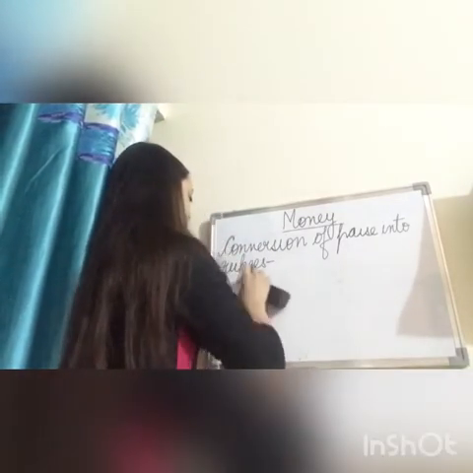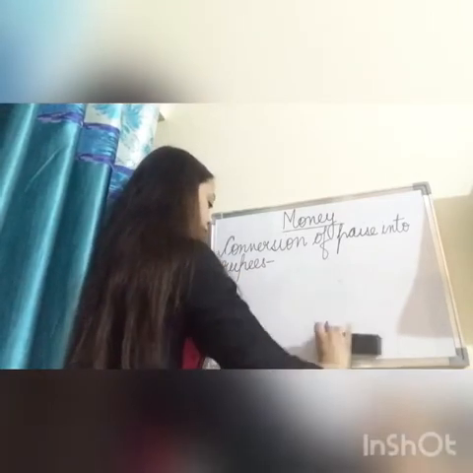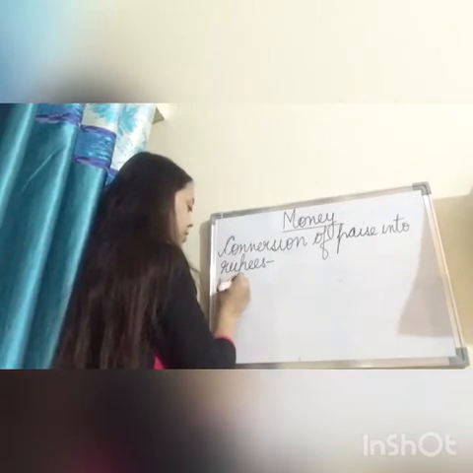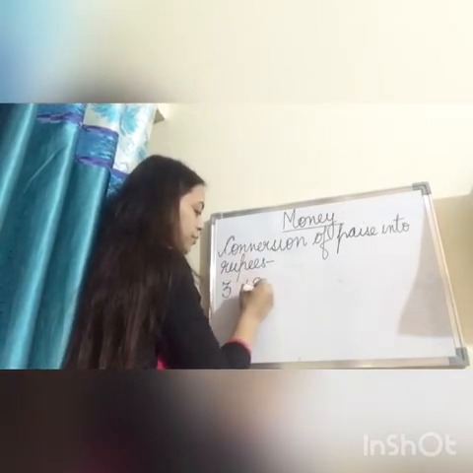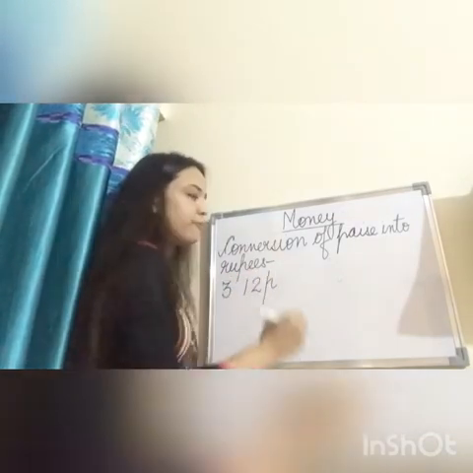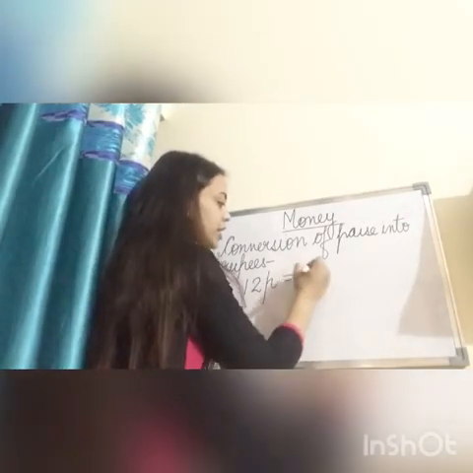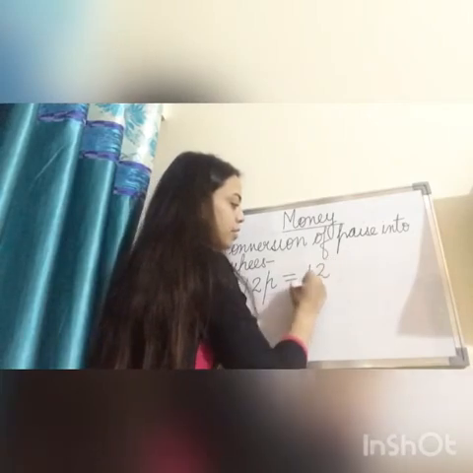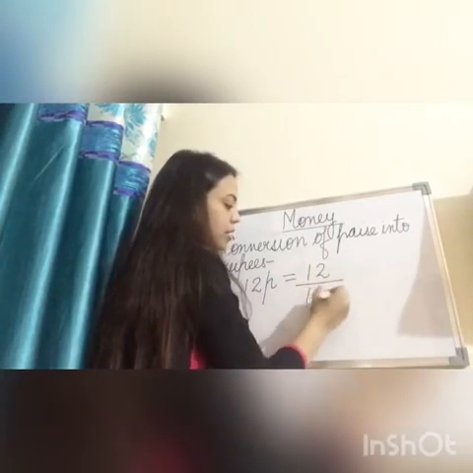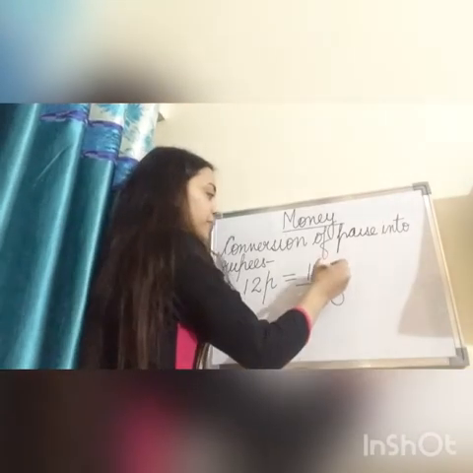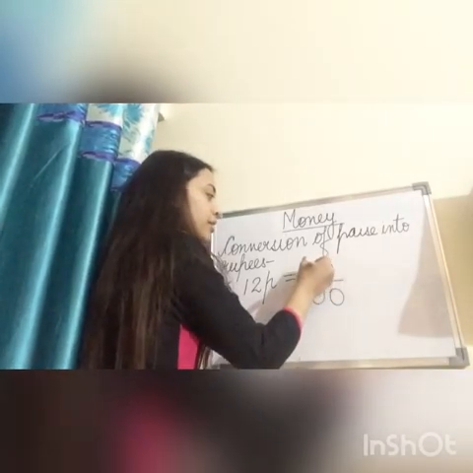Now in the third example, I'll teach you how to convert paise into rupees when you have a two-digit number. For example, 12 paise. You have only a 2-digit number here. It is equal to 12 upon 100. Now how do we get the answer? 1, 2.